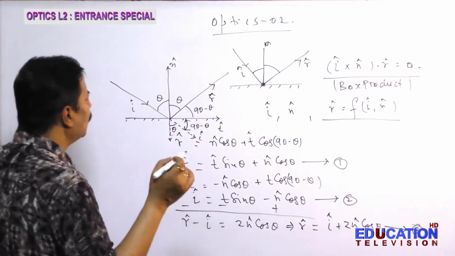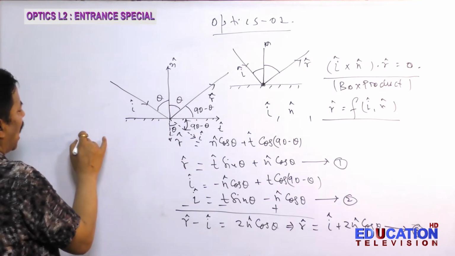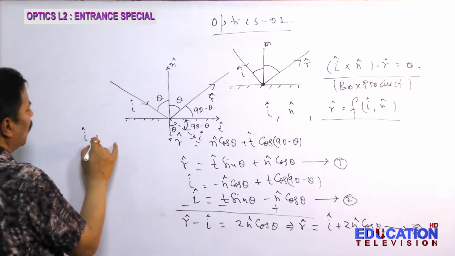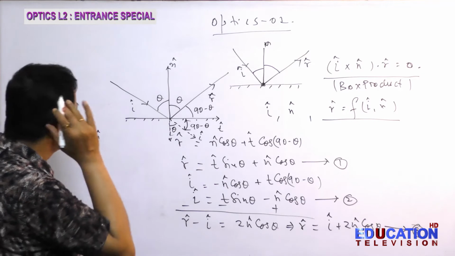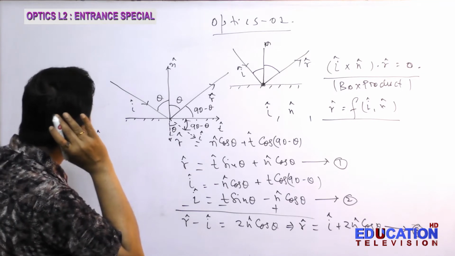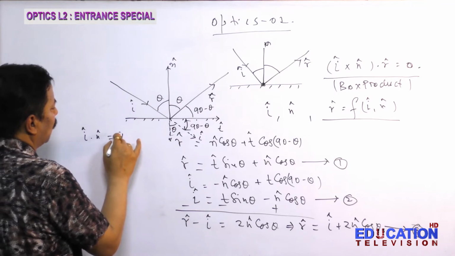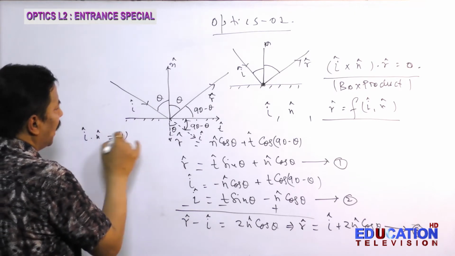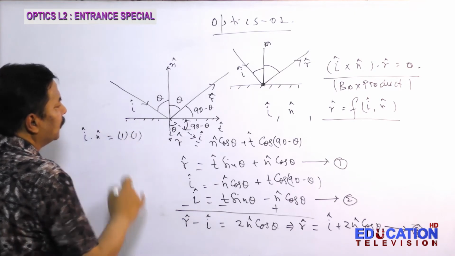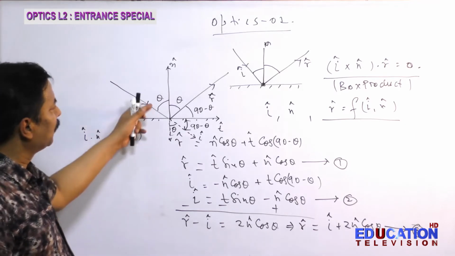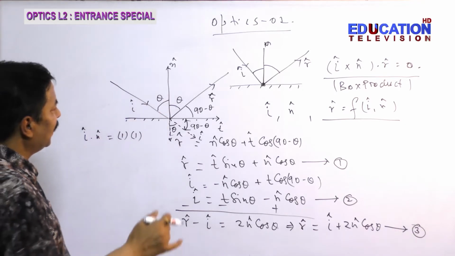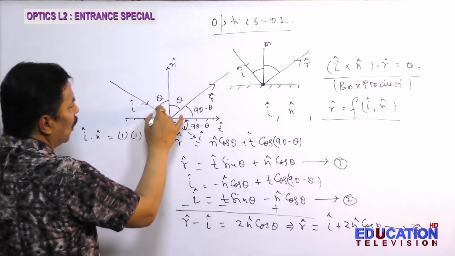So if we want to get theta, I vector dot n vector is equal to the magnitude of I, which is 1, times the magnitude of n, which is a unit vector, 1. Now what is the angle between these two vectors? This thing has to be understood. This is not the angle.